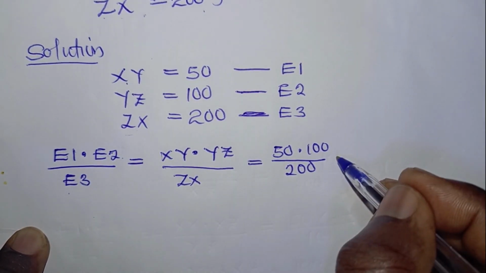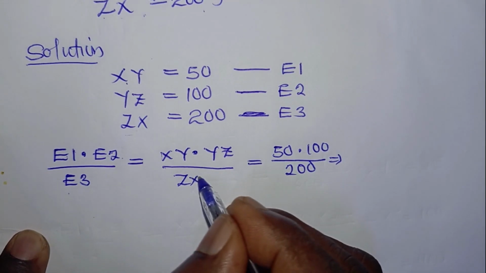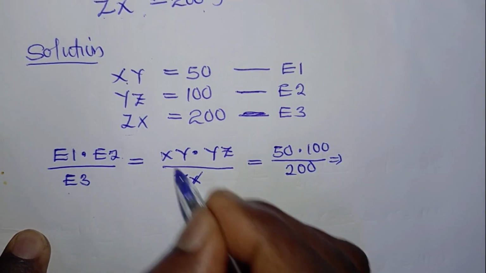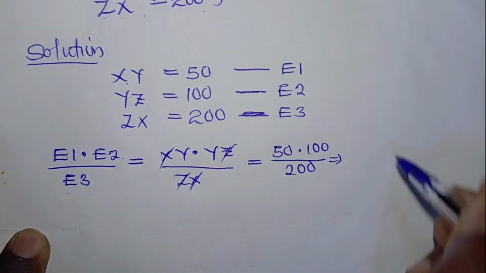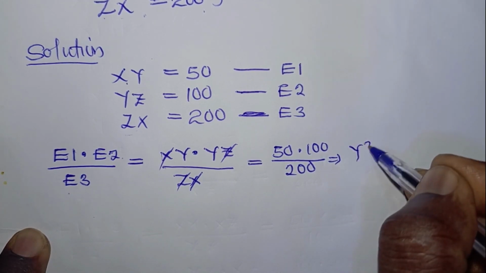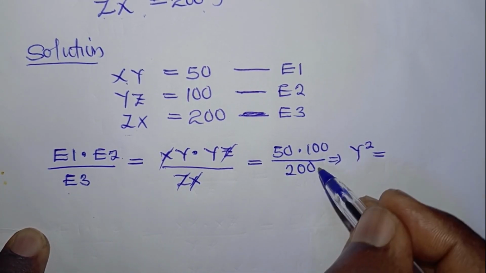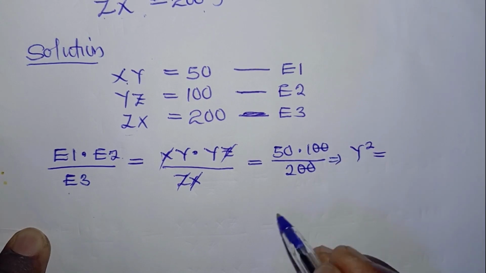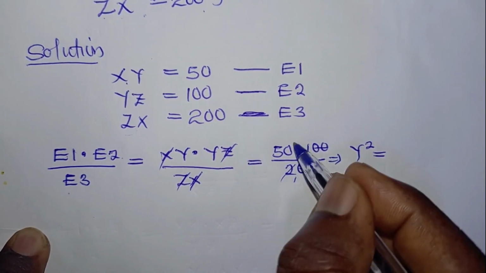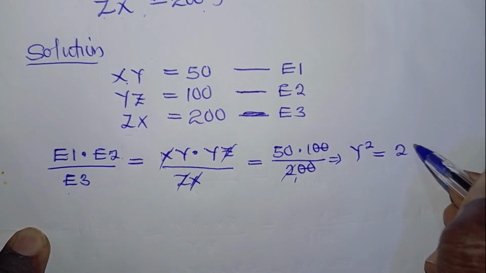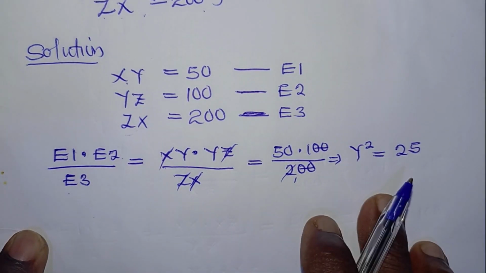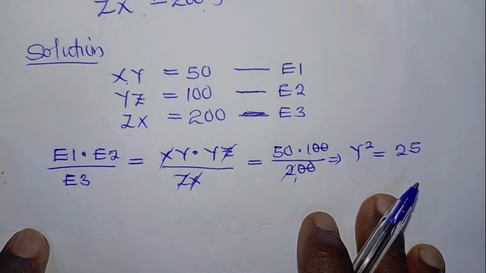So x cancels x, z cancels z. We are left with y squared equals 25. So we have found y squared equals 25.